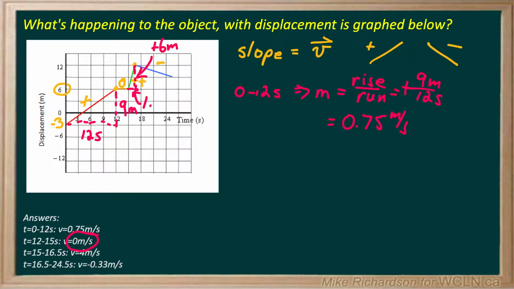The run is 1.5 seconds. So this is the region between 15 to 16.5 seconds. My slope would be rise over run, and that gives us a value of 4 meters per second. And again, it's positive.